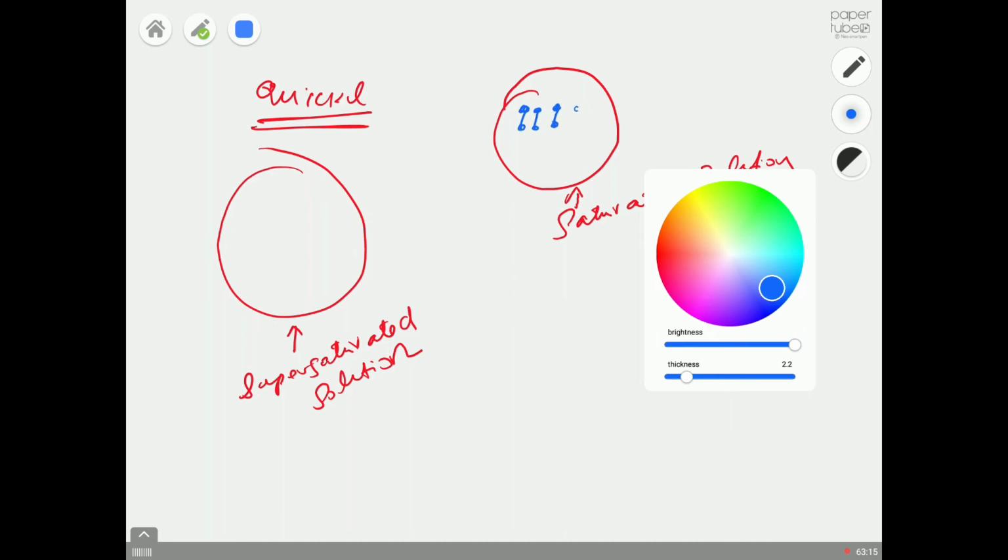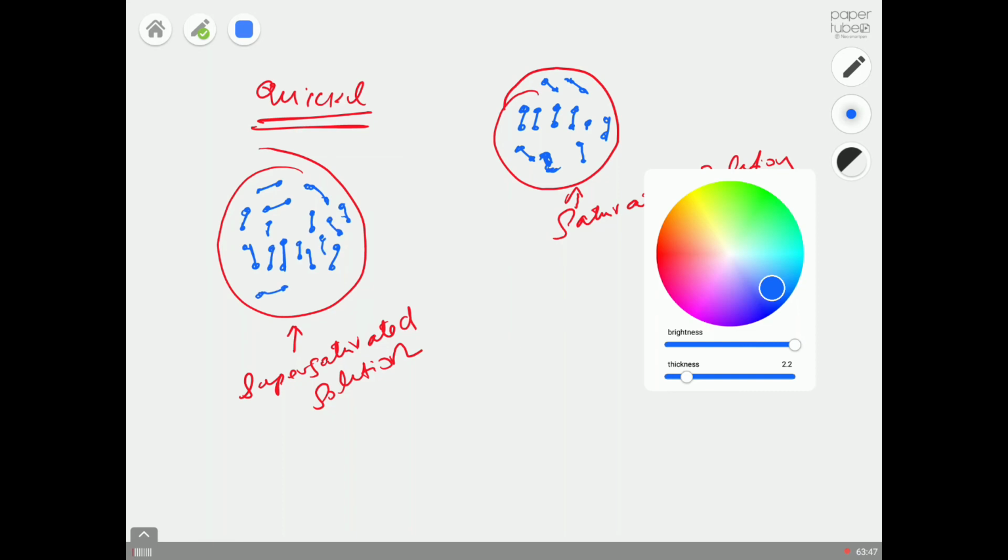Just imagine each contains two atoms making one molecule. They are randomly distributed in the solution. When it comes to a supersaturated solution, you will have a large number of solute molecules, because your solute concentration is in excess of your solubility limit.